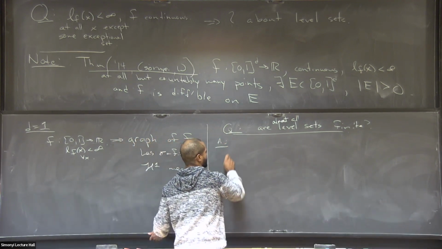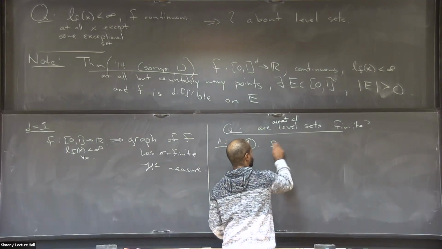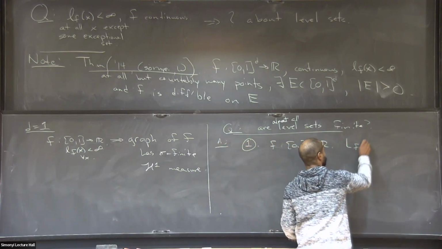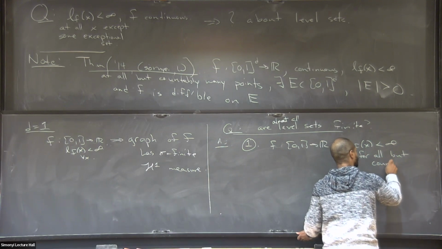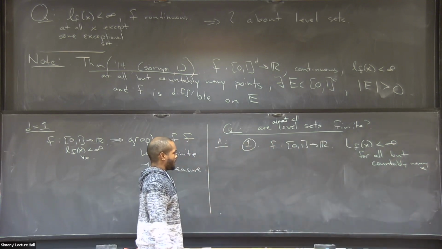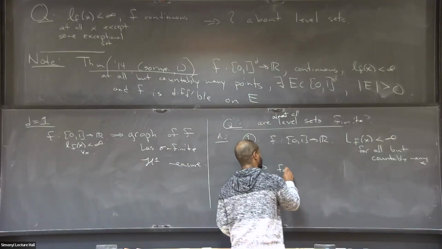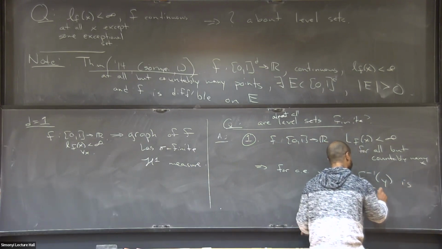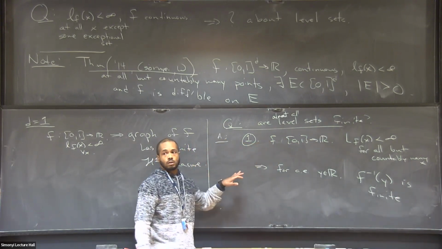So let's say you have F finite, X. Then yes, almost every, but this goes by exactly the same argument that I was giving before in the higher dimensional case.